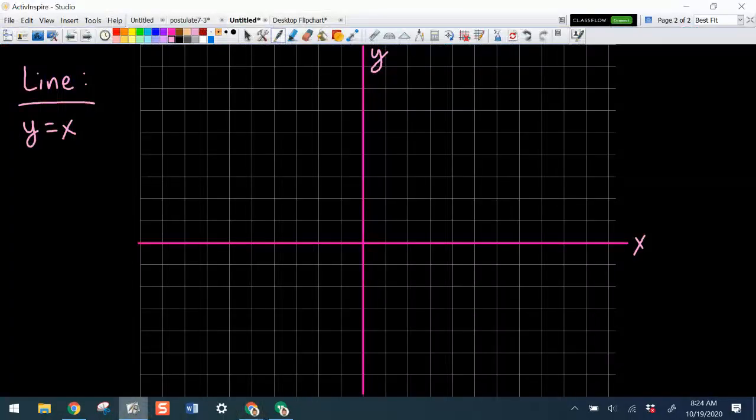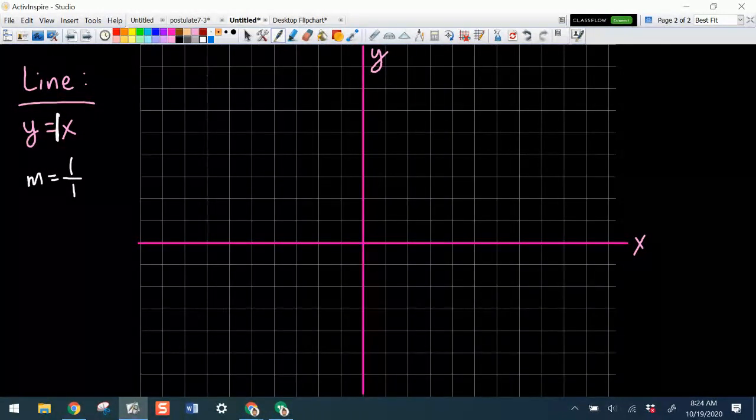So let's take a look. The line y equals x, a couple things: that's a linear equation. It's the most basic linear equation, where the slope of our line is an understood 1. Remember, the slope is the coefficient found in front of x. So m here is positive 1, or 1 over 1. And the y-intercept, you notice you don't see anything written next to the x, so we can assume the y-intercept is 0.